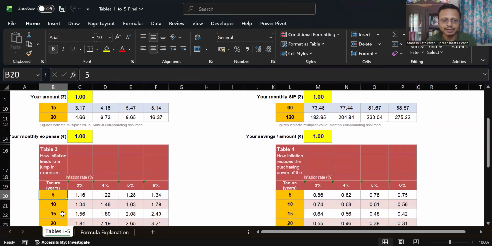So for example, if your monthly expense is 1 rupee and the tenure is 5 years, with an inflation rate of 3%, it becomes 1.16 rupees. That means if you're putting 1 rupee as an expense, 0.16 paise is your inflation, which is impacting your savings.